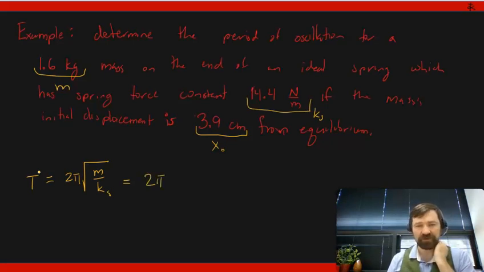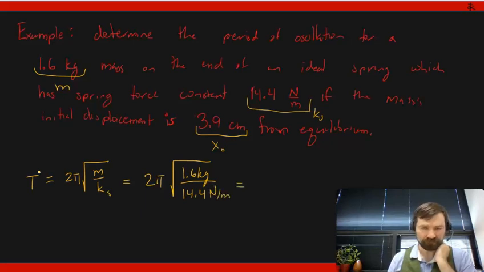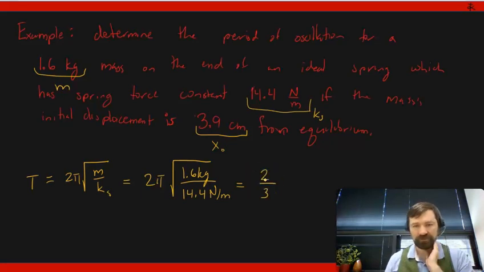So that is 2 pi times the square root of 1.6 kilograms divided by 14.4 newtons per meter. Okay, so what does that come out to? That comes out to a total of 2 over 3.0 pi seconds.